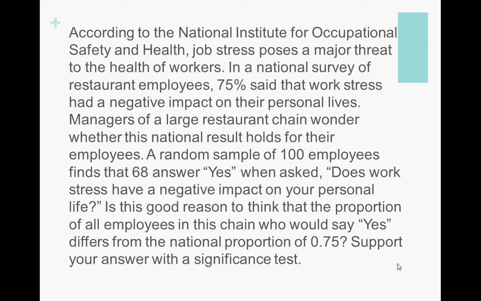So a random sample of 100 employees finds that 68 answer yes when asked, does work stress have a negative impact on your personal life? Is this good reason to think that the proportion of all employees in this chain who would say yes differs from the national proportion of 0.75? And we'll support our answer with the significance test.